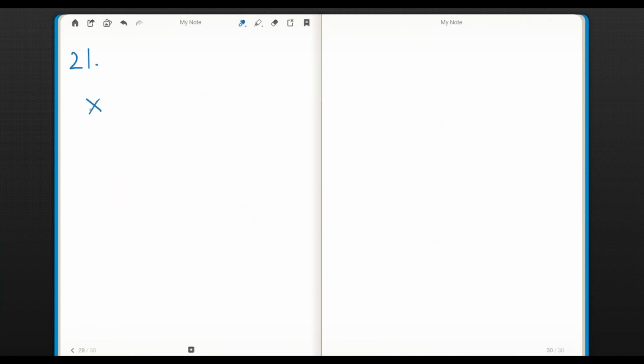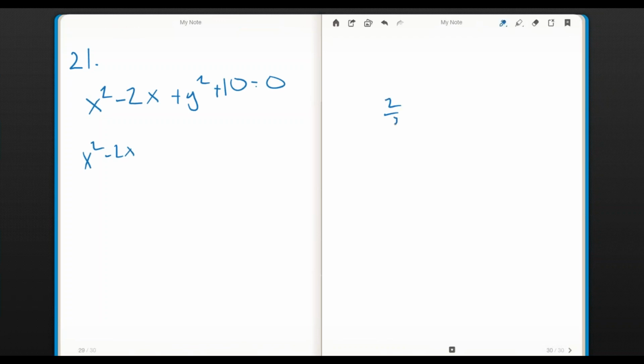Number 21, x squared minus 2x plus y squared plus 10 equals 0. x squared minus 2x, the 2 divided by 2 squared is 1. Bring the 10 over, add 1.